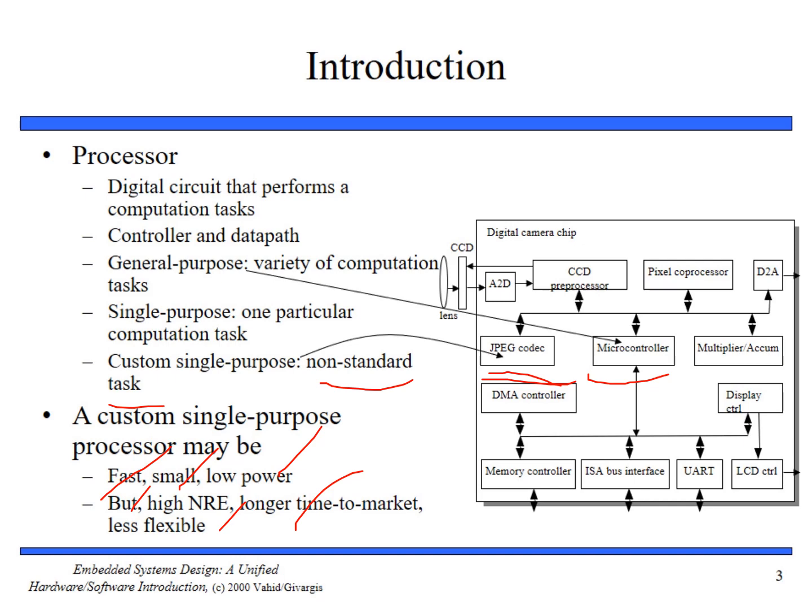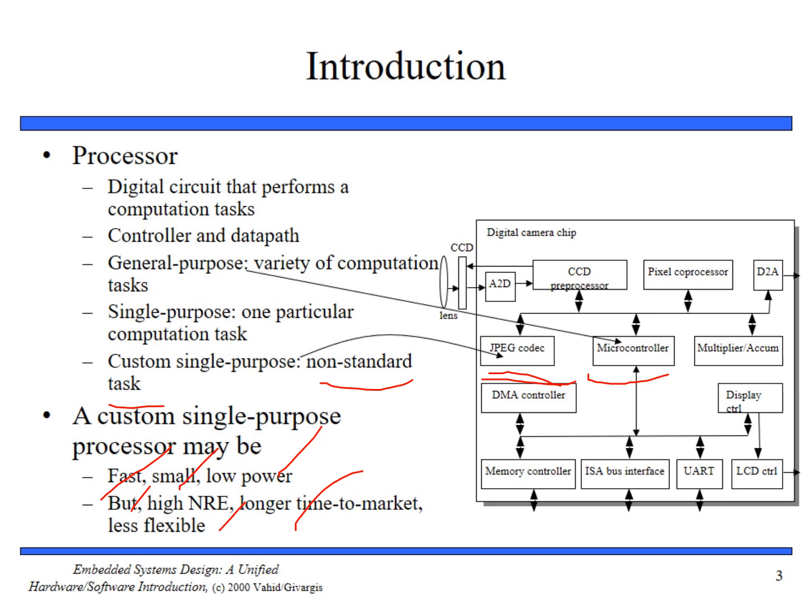A general purpose processor is designed such that it can carry out a wide variety of computational tasks, which are described by a set of programmer provided instructions. In contrast, a single purpose processor is designed specifically to carry out a particular computation. While some tasks are so common, we can purchase a standard single purpose processor.